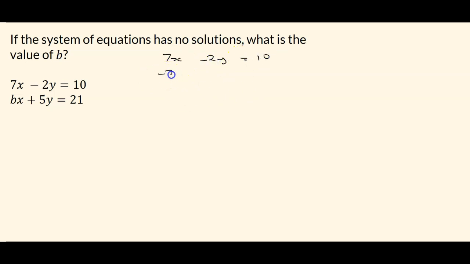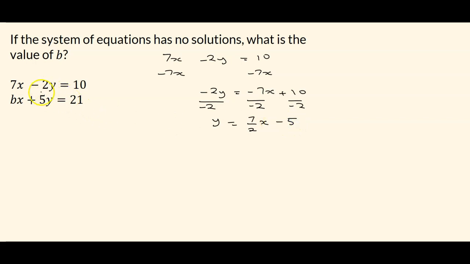We subtract 7x from both sides, so we have negative 2y equal to negative 7x plus 10. Then we divide everything by negative 2, and therefore y equal to 7 over 2 x minus 5.